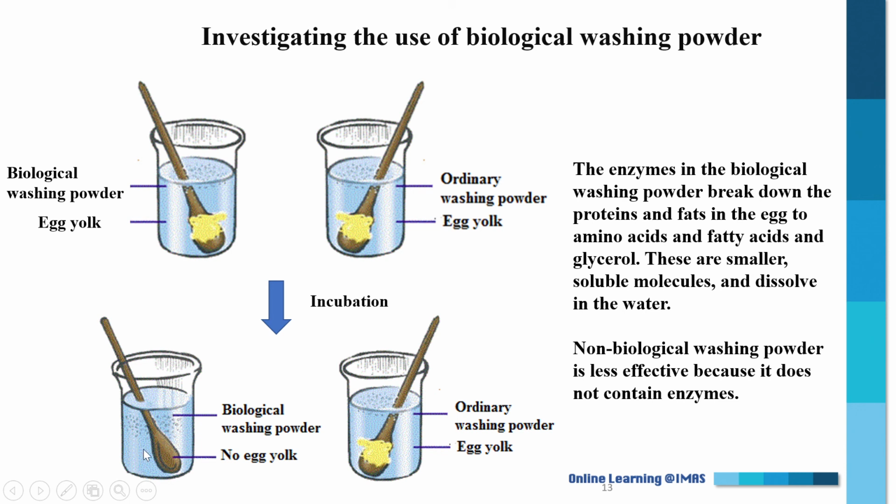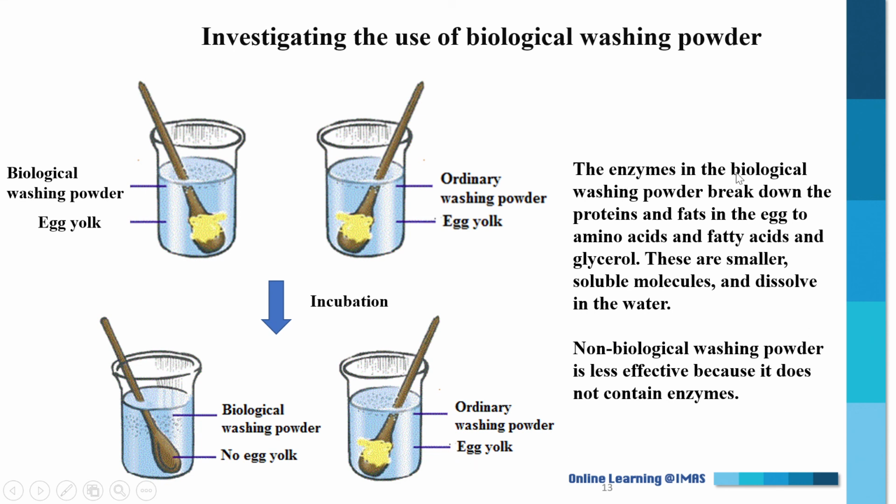The protease digests the proteins into amino acids, which are soluble, so you cannot see them. The lipase digests the fat into fatty acids and glycerol, which are also small, so you cannot see them. But in ordinary washing powder, the egg yolk is still there because it doesn't have any enzyme.